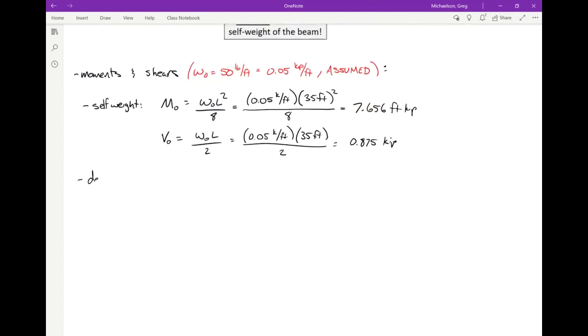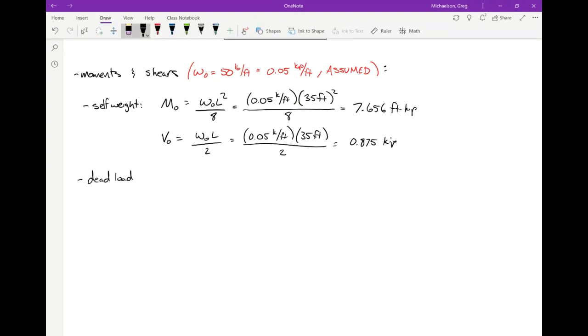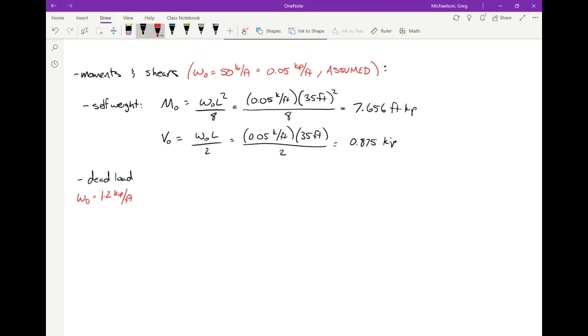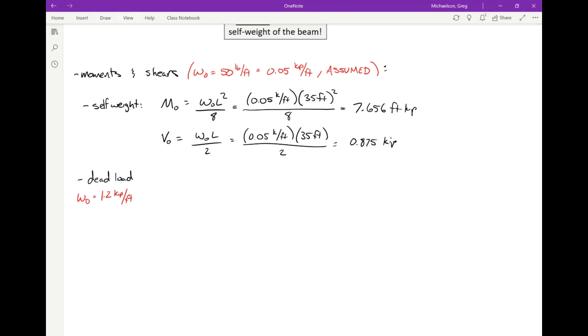The dead load, since that's up there, let me put the dead load is 1.2. So MD is W D L squared over 8.